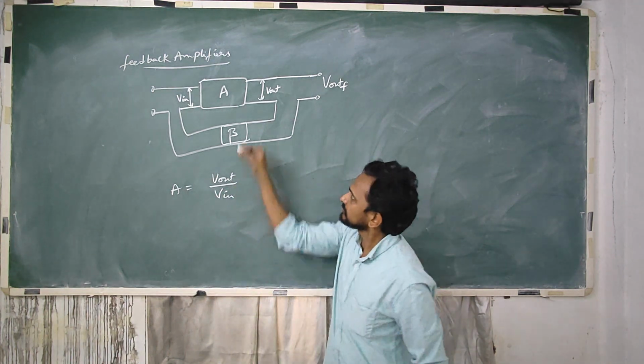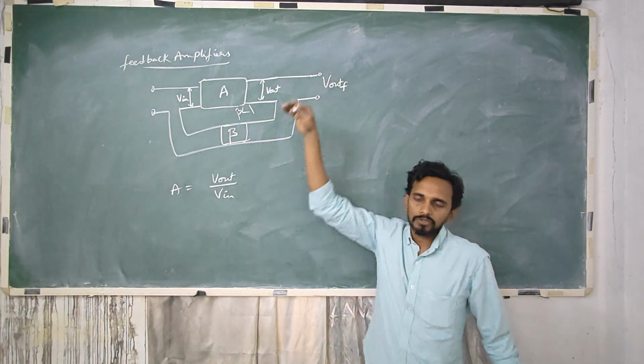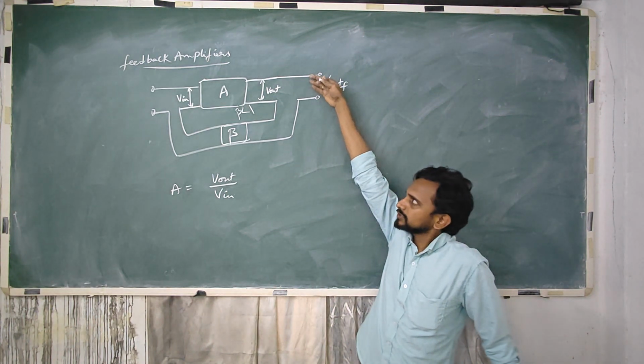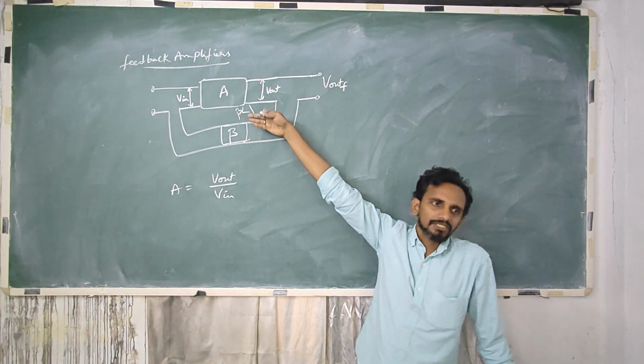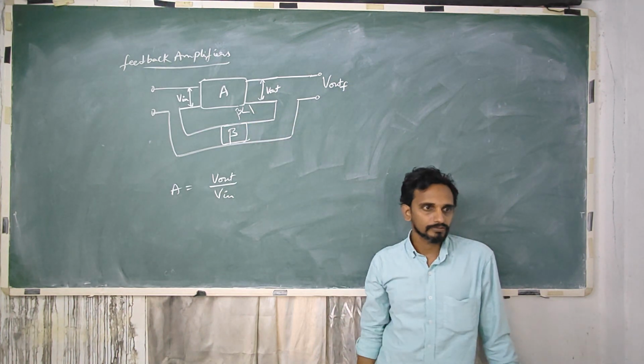This beta is less than 1. So if the output is 10 volts, I'm taking, let's say, 0.1, 10% of the output and giving it back to input.